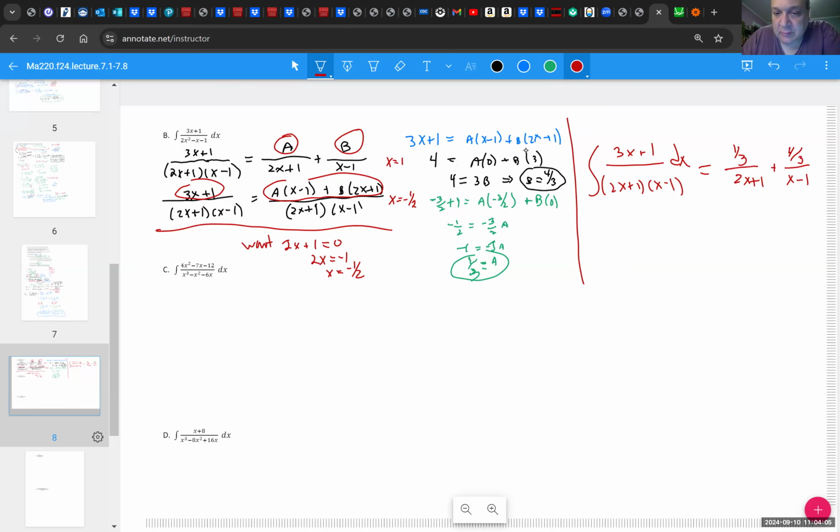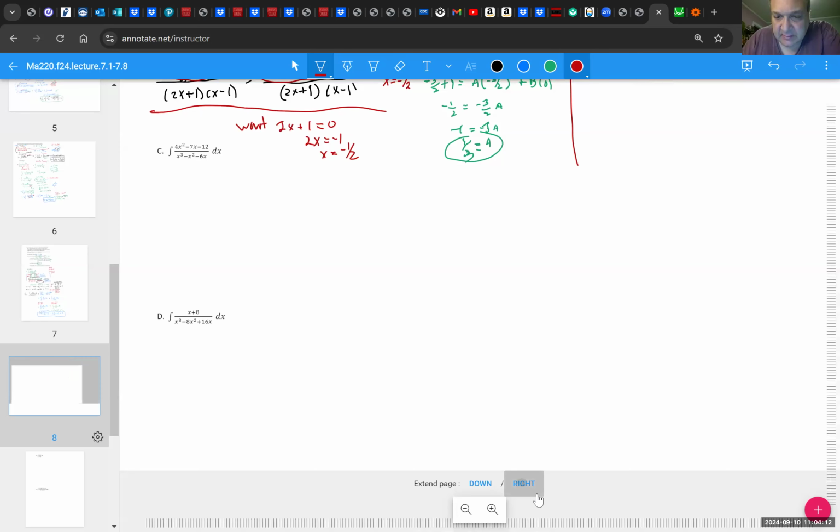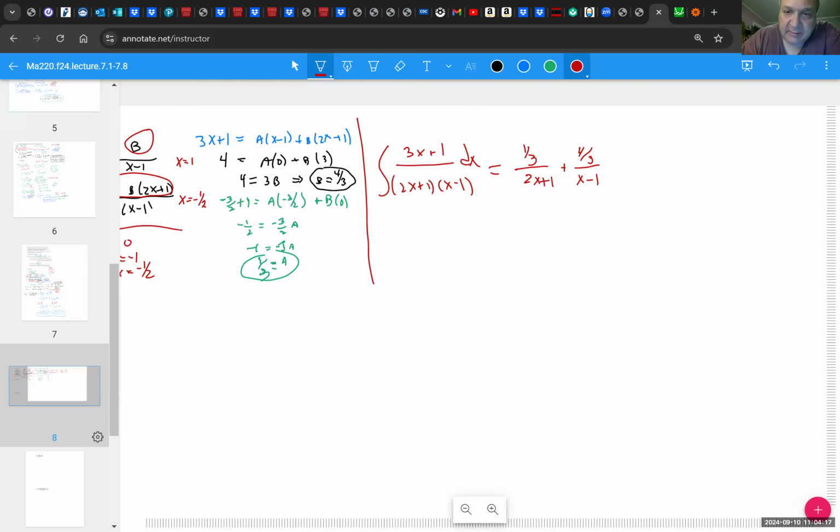And now I have two smaller fractions to antidifferentiate. I need a little bit more space. Okay, move this over. I've got to put my integral sign, my dx, and so on. Essentially, we're doing the integral of 1/3 over 2x plus 1, and then adding that to the integral of 4/3 over x minus 1.